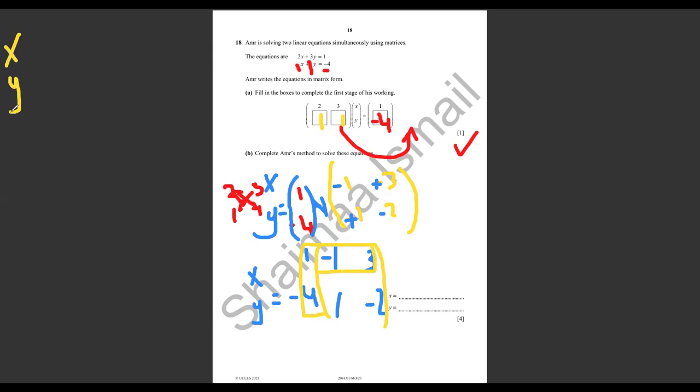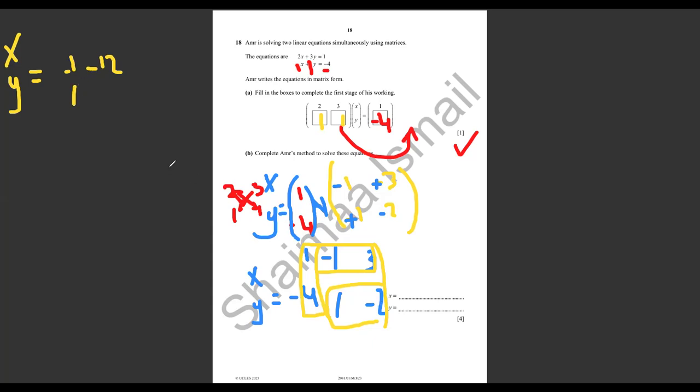So x and y will be equal to here -1 multiplied by 1 plus 3 multiplied by -4. So -1 and -12 in the first part. The second, it's going to be equal to 1 times 1, which is equal to 1.